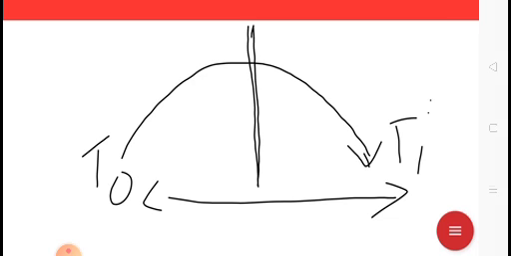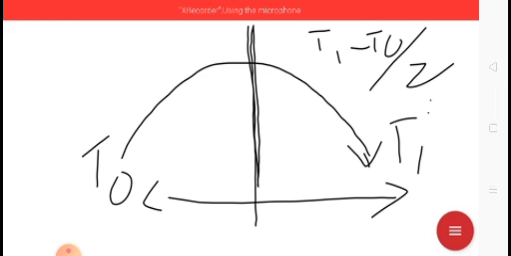So at the center part here, the t will be equal to (t1 minus t0) divided by 2, and you know that. So there are situations where you need this common knowledge in order to solve the question.